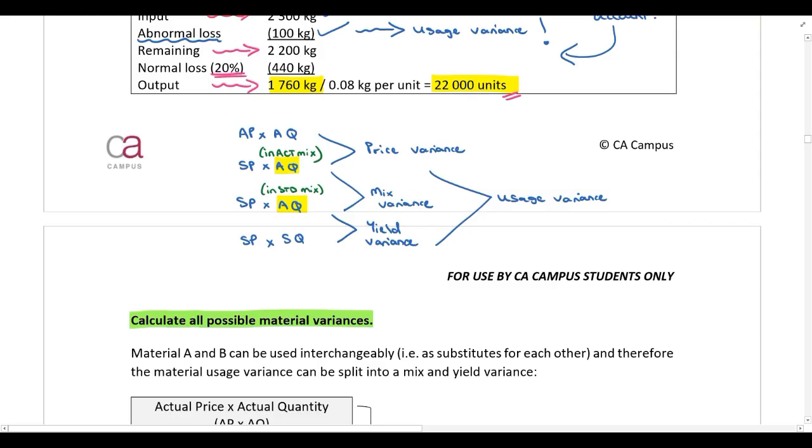Then something that's always very important to note, this price variance over here. Remember your usage variance, meaning your usage, your mix, and your yield variance. All of these calculations will always be based on the quantity of material that's used or issued into production.